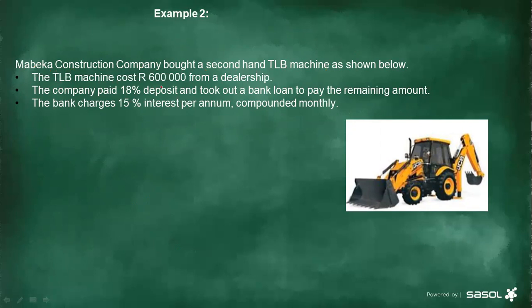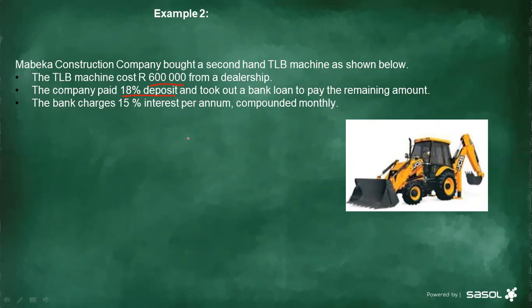The TLB machine cost 600,000 from a dealership. The company paid 18% deposit and took out a bank loan to pay the remaining amount. Meaning, this company paid 18% deposit of this amount.